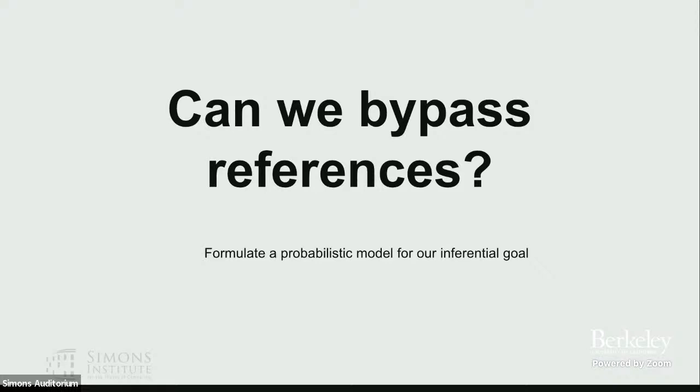It derives from formulating a probabilistic model directly so that we can perform statistical inference on the data that we observe from sequencing, k-mers or FASTQ files, without going through this intermediate process of alignment.